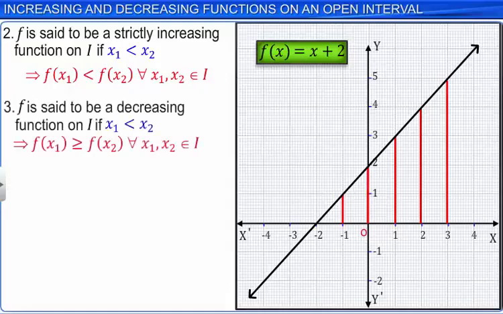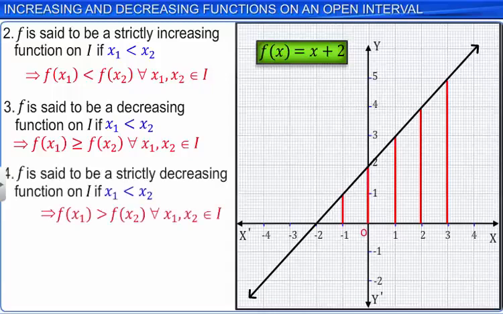A function f is said to be a decreasing function on the interval I if x1 < x2 implies that f(x1) ≥ f(x2) for all x1, x2 in I, and f is said to be a strictly decreasing function on the interval I if for every x1 < x2 we have f(x1) > f(x2) for all x1, x2 in I.